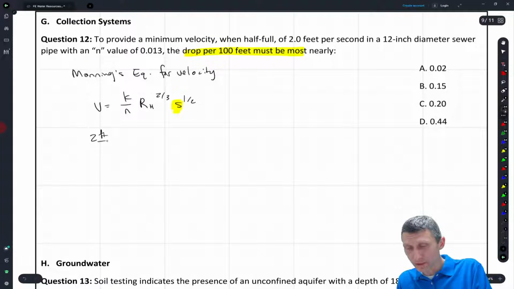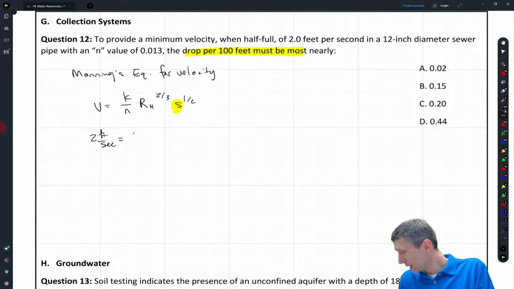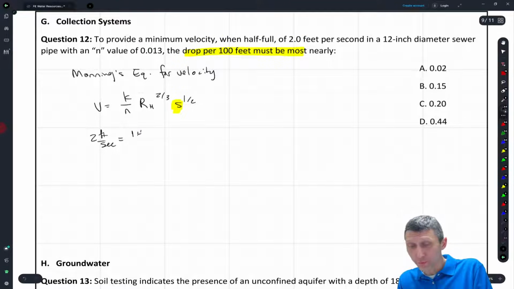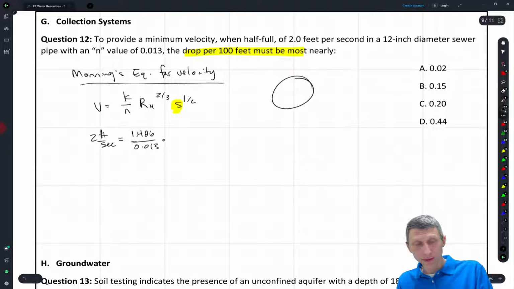2 feet per second equals this K value now that we're going to use, 1.486, and that has a bunch of units in it, but that's what we're going to use for U.S. customary units. Divided by our N value 0.013 times the hydraulic radius. So what's our hydraulic radius? Well, we have a pipe that's going to be half full of water.